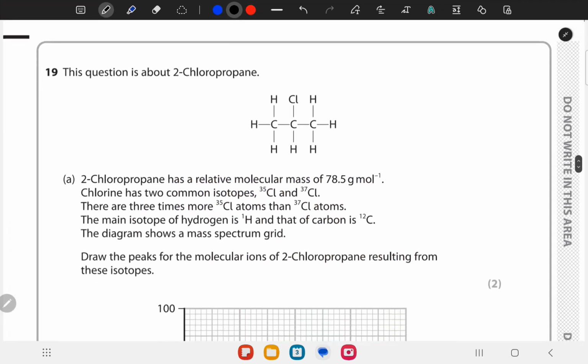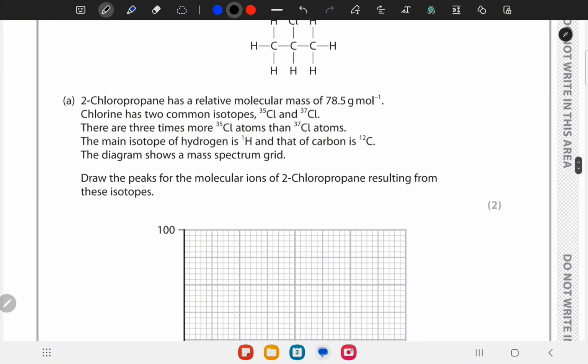Now moving on to question 19. We are given that this question is about 2-chloropropane. Given that 2-chloropropane has a relative molecular mass of 78.5 grams per mole, and that chlorine has two common isotopes, chlorine 35 and chlorine 37.